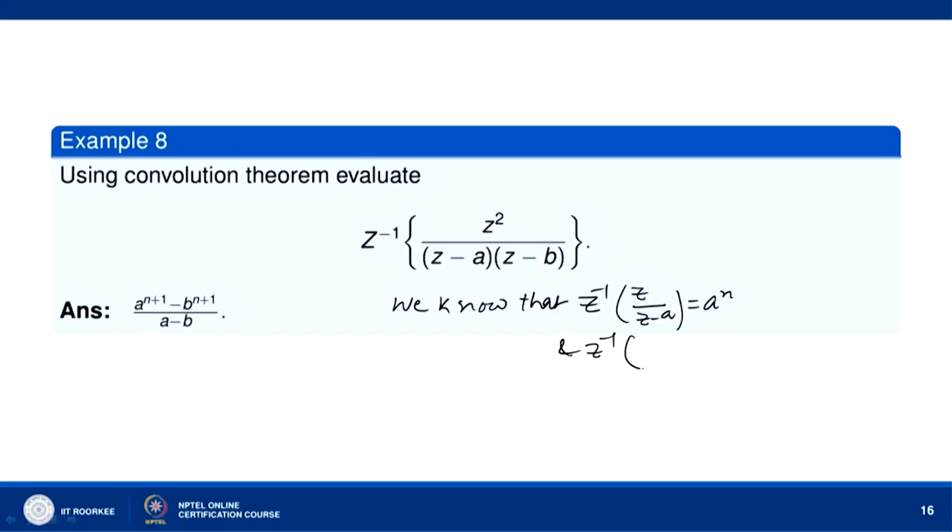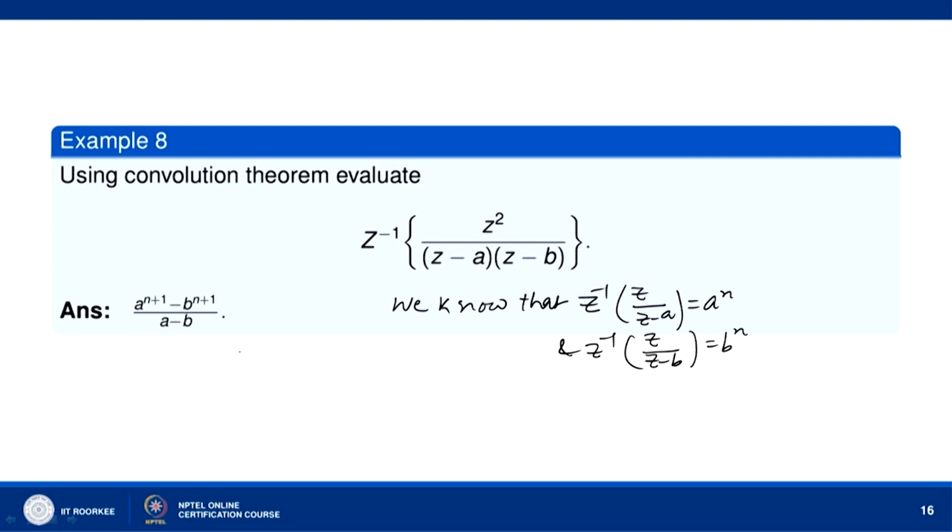So, we know that Z inverse of Z over Z minus A is equal to A to the power n, and Z inverse of Z over Z minus B is B to the power n. Okay.